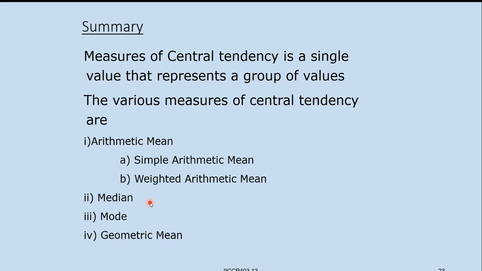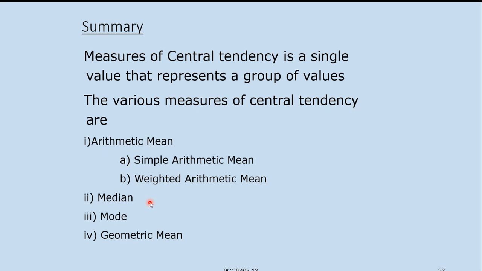Since we are adding all the numbers and dividing by 10, all the data is represented by this average. So every value has a place in the average. That is the meaning of representing a group of values.